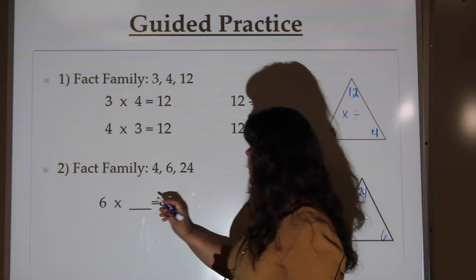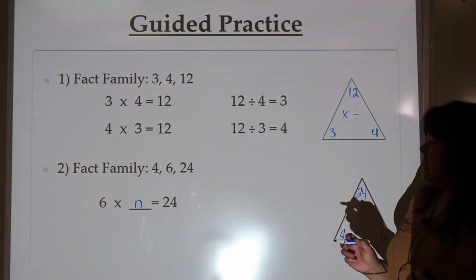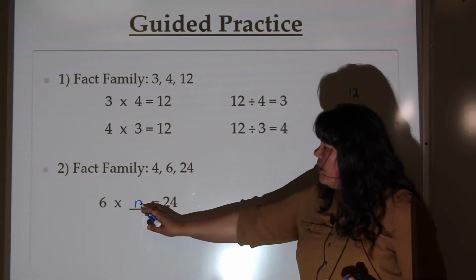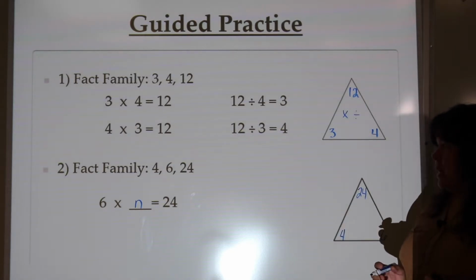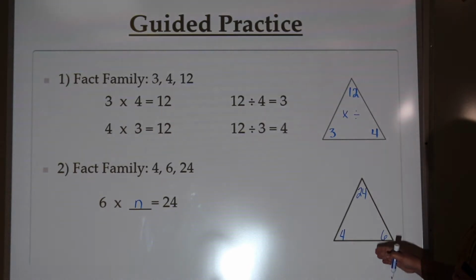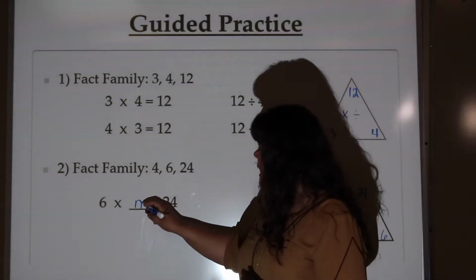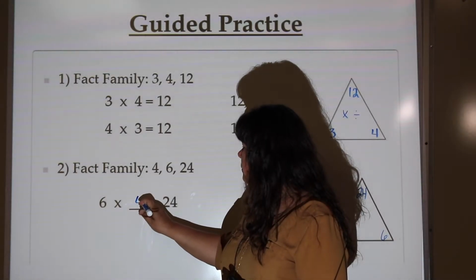Sometimes you might see them put a letter like an n in here to represent that. It doesn't mean anything. It just means that this is a variable. We don't know what it is. So we can go back to our fact family triangle here and go, well, what is missing? I've got the 24, I've got the 4, oh, it's the 6. So my n is going to be 6.